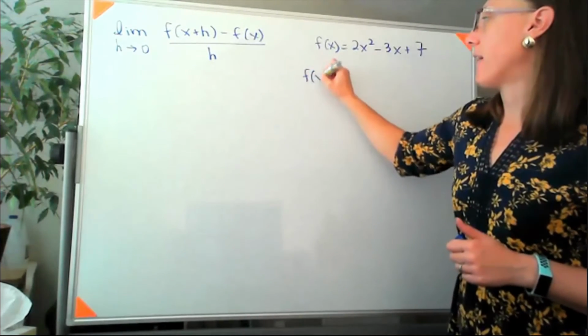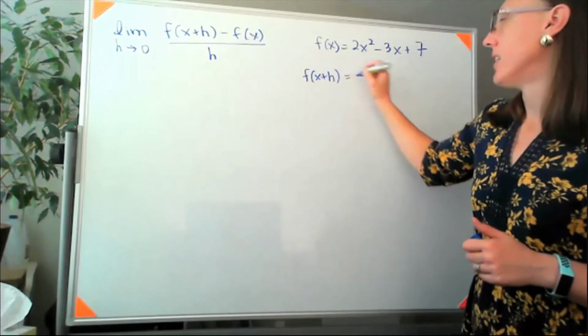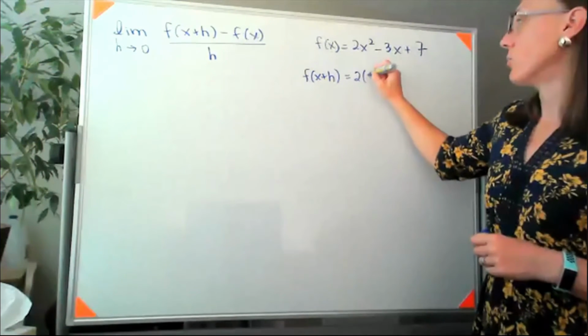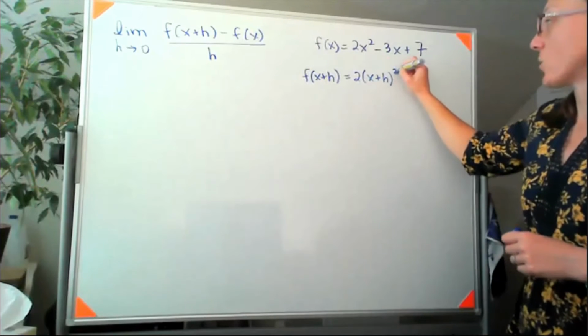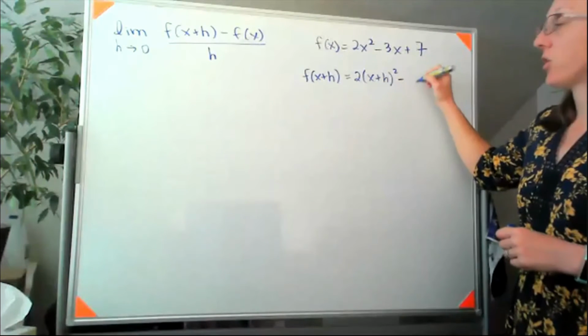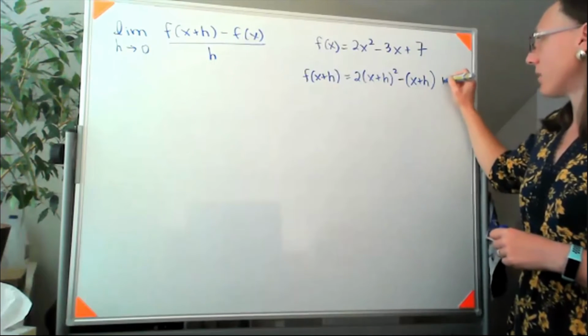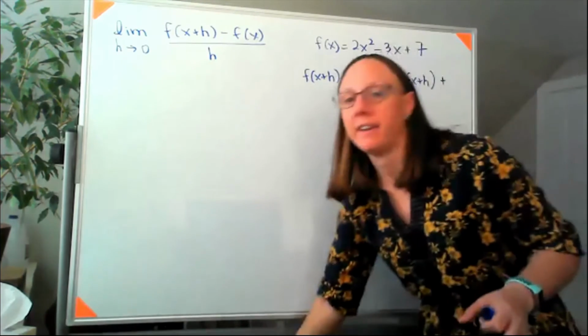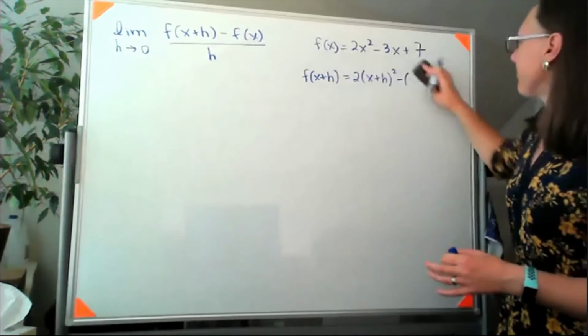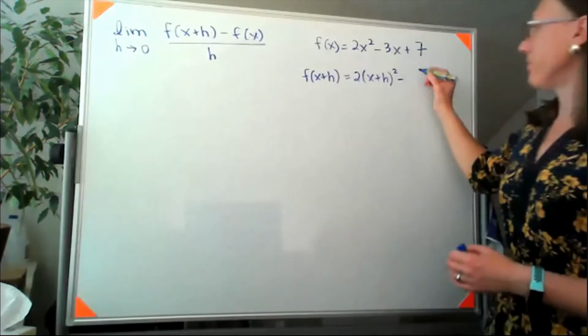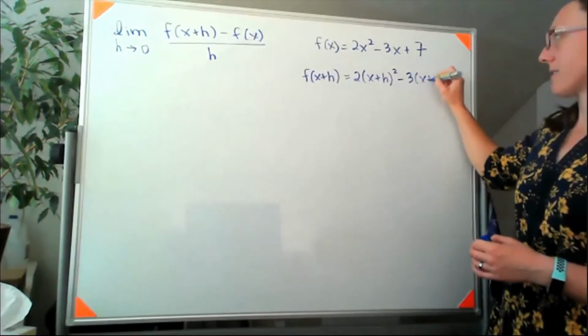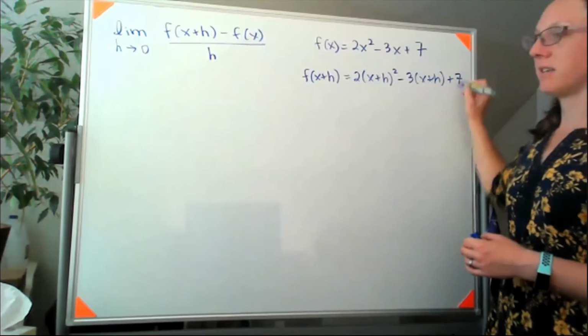When I go to find f of x plus h, I'm going to be looking at 2 times x plus h squared minus 3 times x plus h plus, oh, I said the 3 and I didn't write the 3. Let's try that again. Minus 3 times x plus h plus 7.